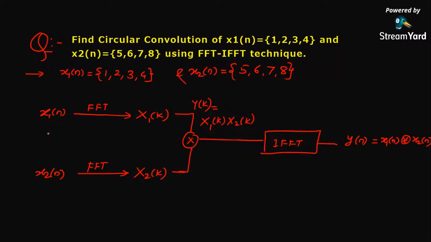Take the first number, find its FFT, that is answer 1. Take the second number, find its FFT, that is answer 2. Multiply them pointwise, first with first, second with second, third and fourth, and after multiplication find the inverse FFT, and that is the answer we want. So this is the flow graph.